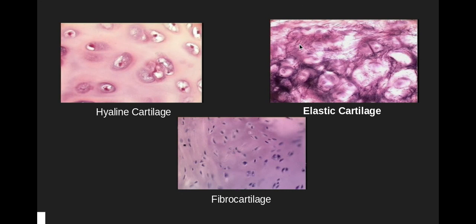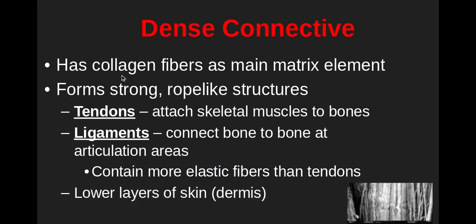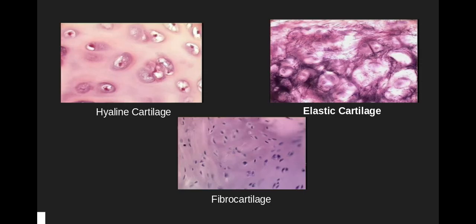We tend to see more of those fibers within the extracellular matrix compared to hyaline cartilage. And then fibrocartilage is unique on its own because the cells don't appear to be in as big of an area within the extracellular matrix. So that's the way that I tell those apart.